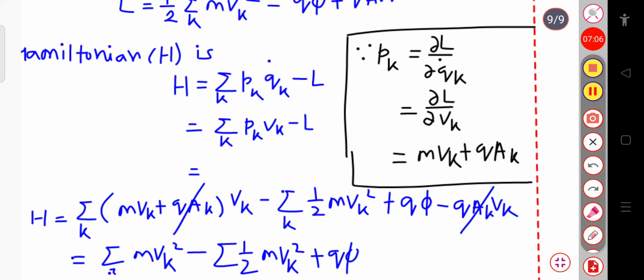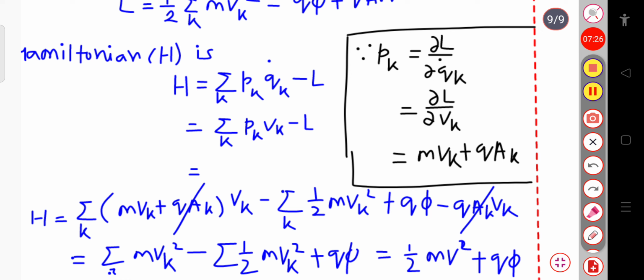From this relation, this is m vk square minus half m vk square, that will be plus half m v square, that is equal to 1 by 2 m v square, for all the particles directly I am writing, plus q phi. This is your total Hamiltonian, that is half m v square plus q phi.